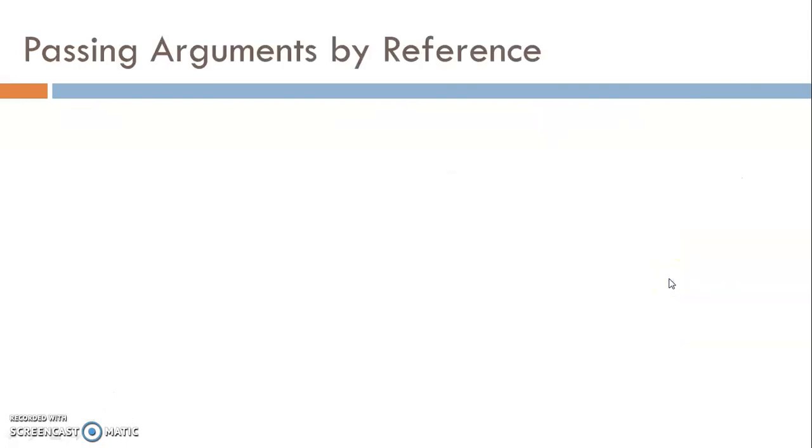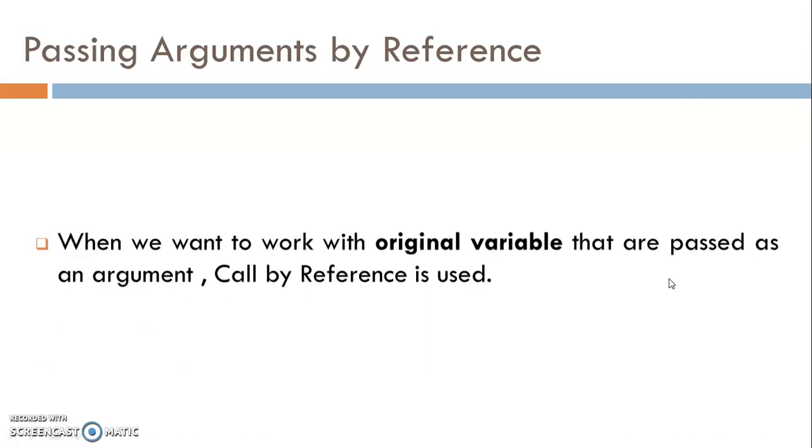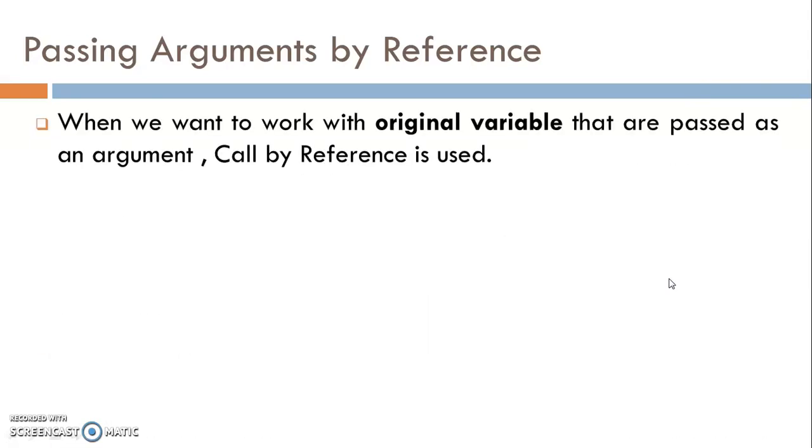Now second is passing arguments by reference, pass by reference. When we want to work with the original variable, meaning I have to change the value in the original copy, not a duplicate copy, then I have to use call by reference or pass arguments by reference.